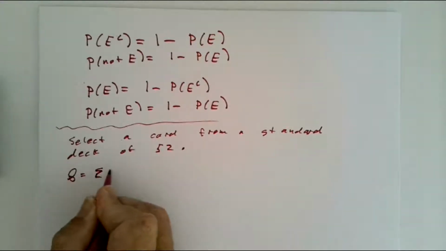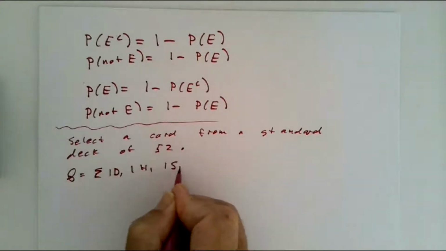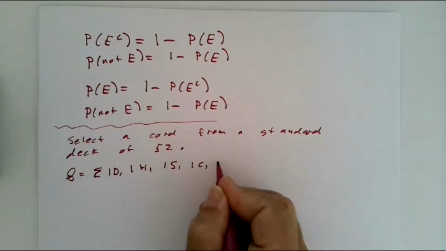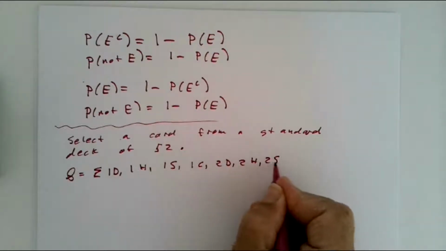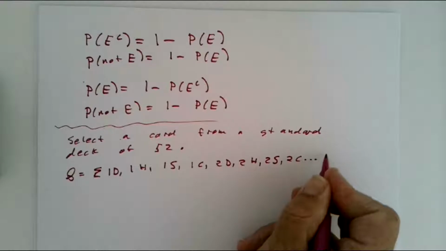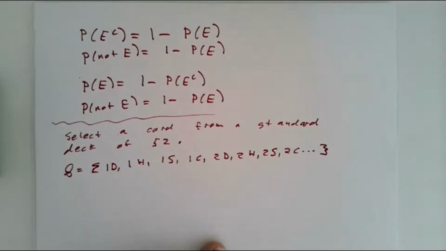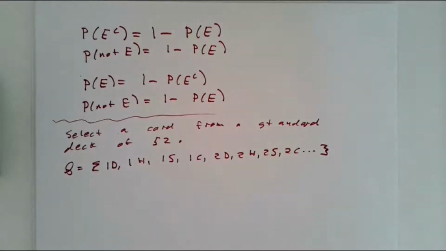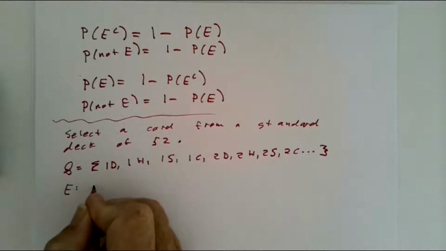It would start with the 1 of diamonds, the 1 of hearts, the 1 of spades, the 1 of clubs, the 2 of diamonds, the 2 of hearts, the 2 of spades, the 2 of clubs, and so on. I really don't want to list all of them, but they're all equally likely. To be a sample space, all of our outcomes must be equally likely. And let's say our event E this time is select a diamond.